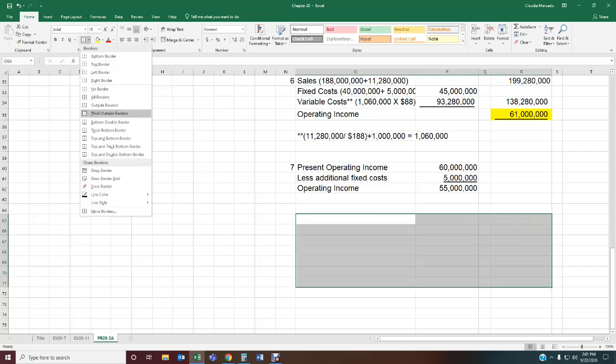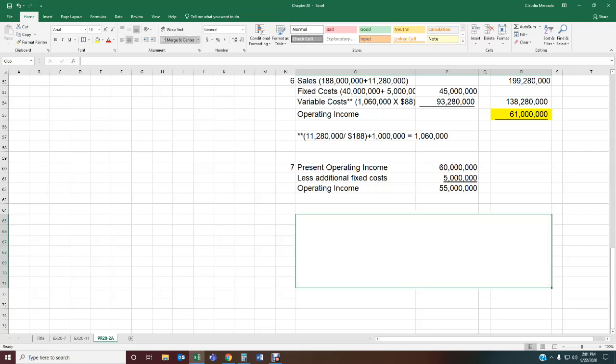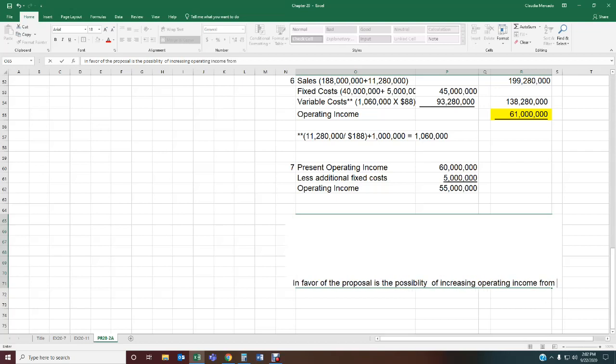Let me see. Okay, Margin Center. Here we go. Okay. In favor of the proposal is the possibility, and it's a possibility, we don't know if it's going to happen or not, of increasing operating income from 60 million to 61 million.